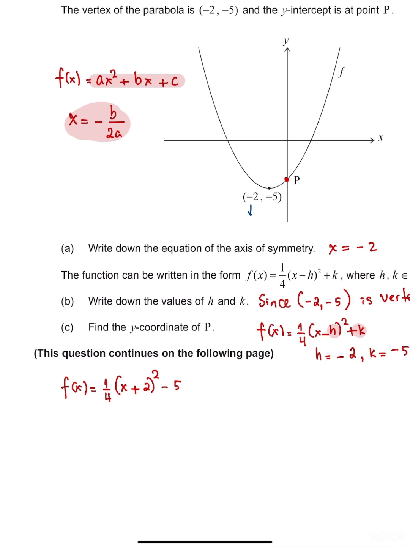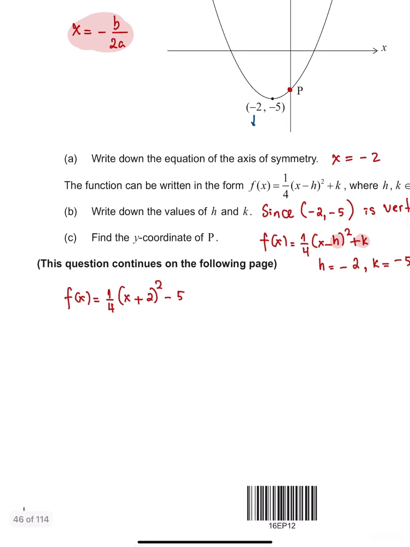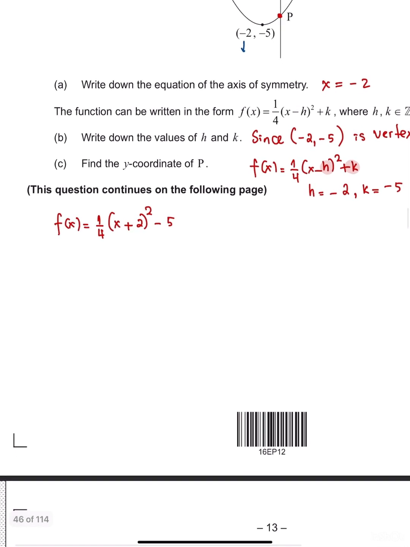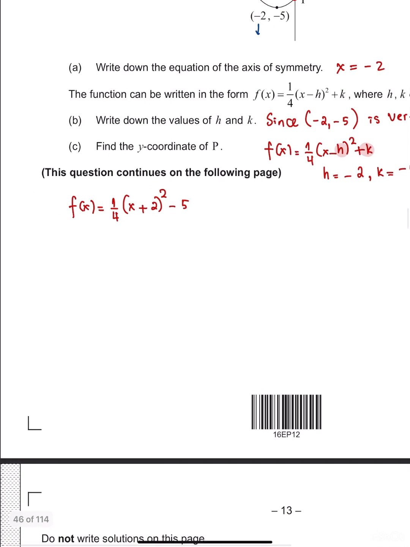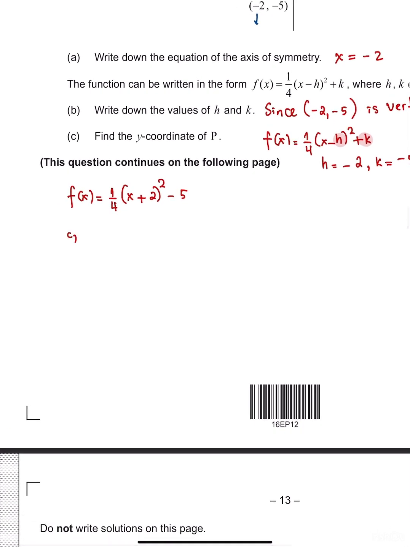To find the y-intercept, you just let x equal 0. So to find P, P is the y-intercept point, so we consider x equal to 0.